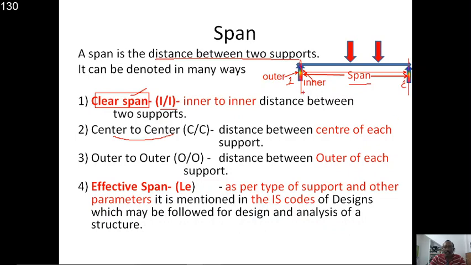The distance between these two is known as the center to center span. And when I want the outer to outer span, we have to take this distance from outer to outer, from this point onwards. This is outer.